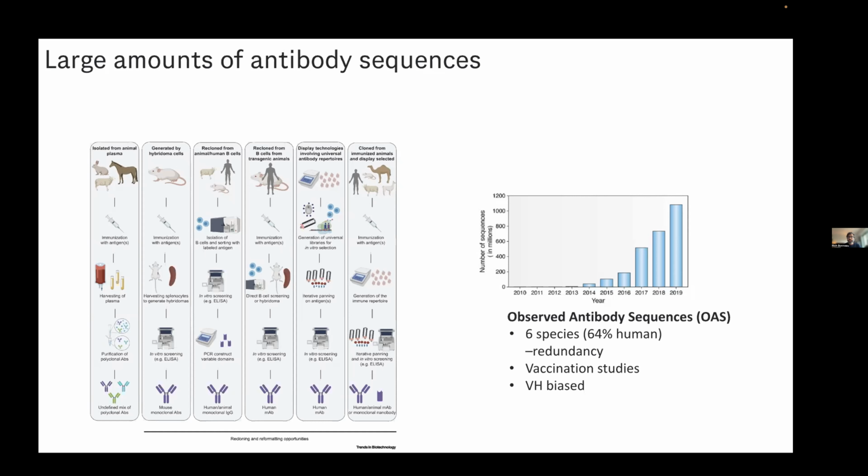We also have huge databases of naive or just wild type repertoires where we don't know what the animal or the human patient or volunteer has seen in their life, but we see what the circulating B cells, memory B cells, naive B cells are, and we can look at repertoires that way. So we have a reasonably large set of antibodies with their targets, a smaller set of antibodies with their targets with structures, and then a much larger set of naive repertoires.